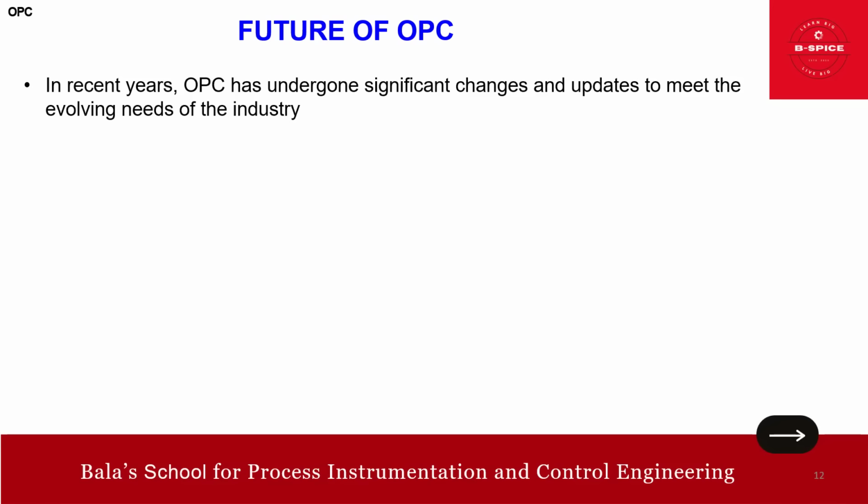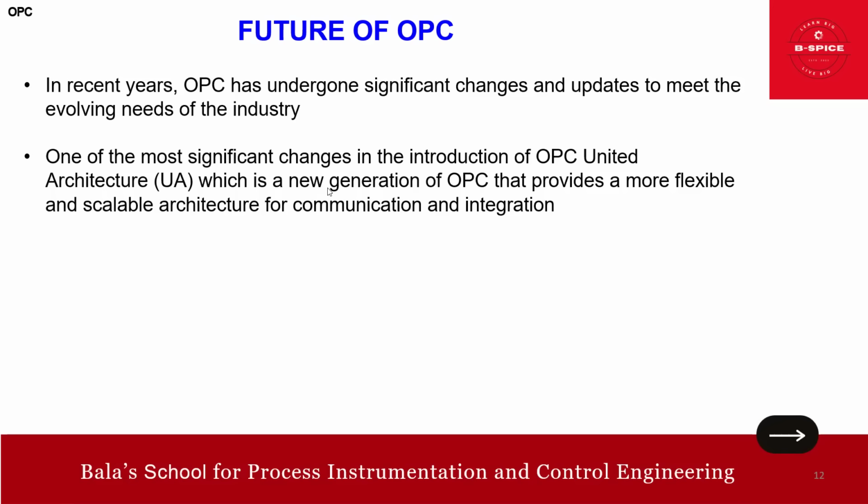Now, what is the future of OPC? In recent years, OPC has undergone significant changes and updates to meet the evolving needs of the industry. One of the most significant changes is the introduction of OPC Unified Architecture, that is UA, which is a new generation of OPC that provides a more flexible and scalable architecture for communication and integration.